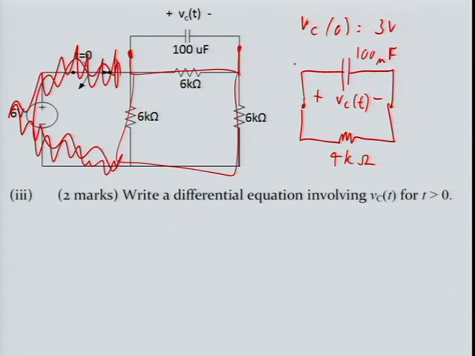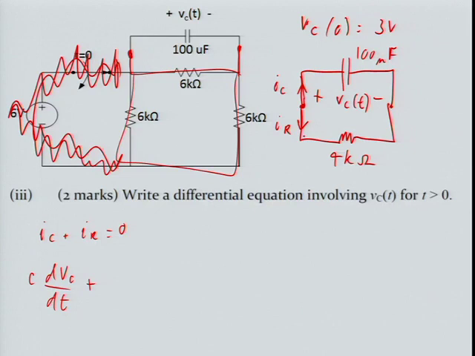Well, you might remember how we did it. We just said, well, what's the current there? What's the current there? They must sum to 0. So if I call that IC, I call that IR. We know that IC plus IR equals 0. But what is IC? Well, it's C times dVC/dt. IV equation for a capacitor.